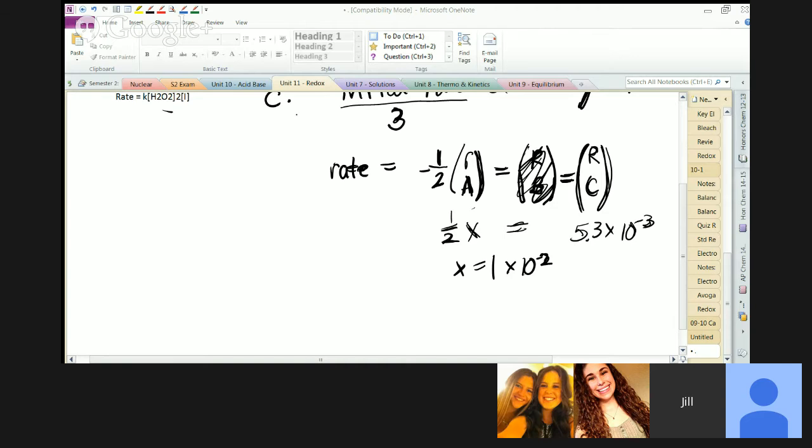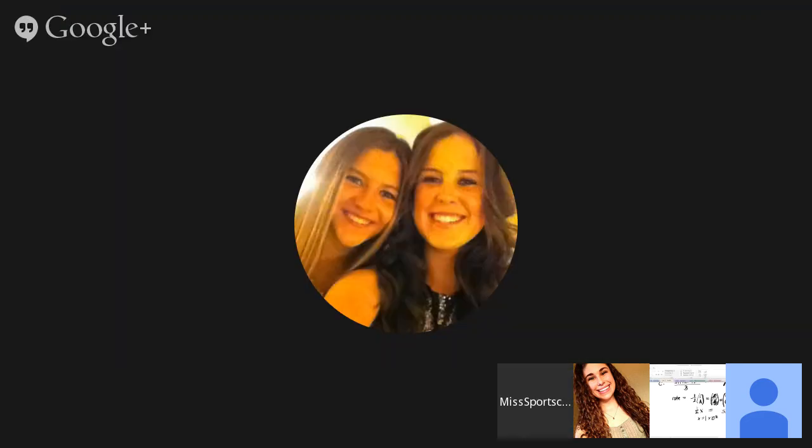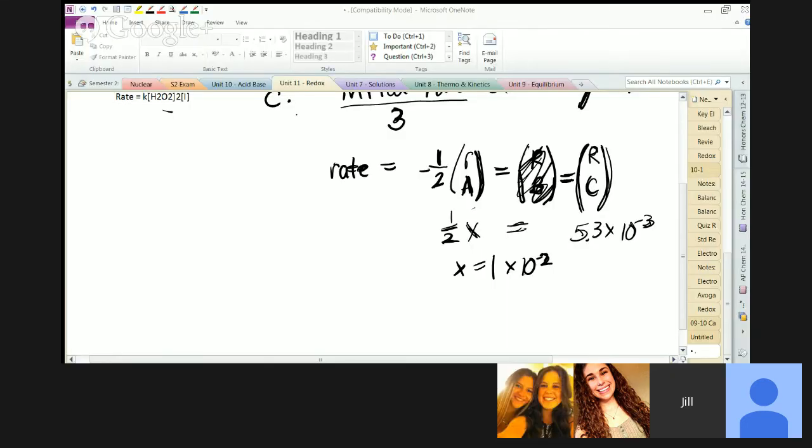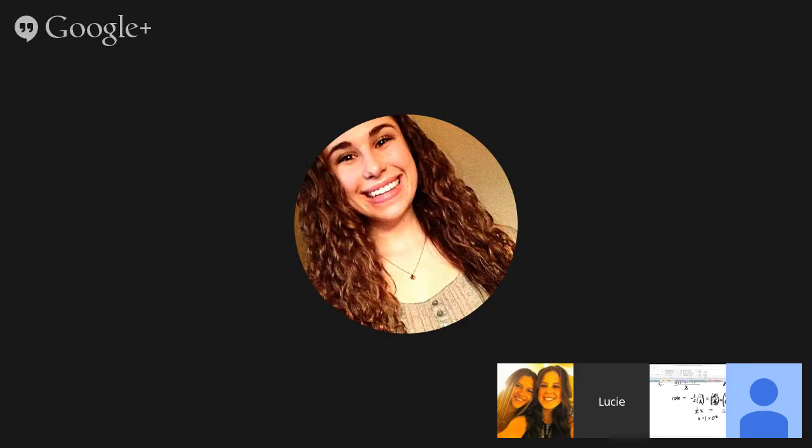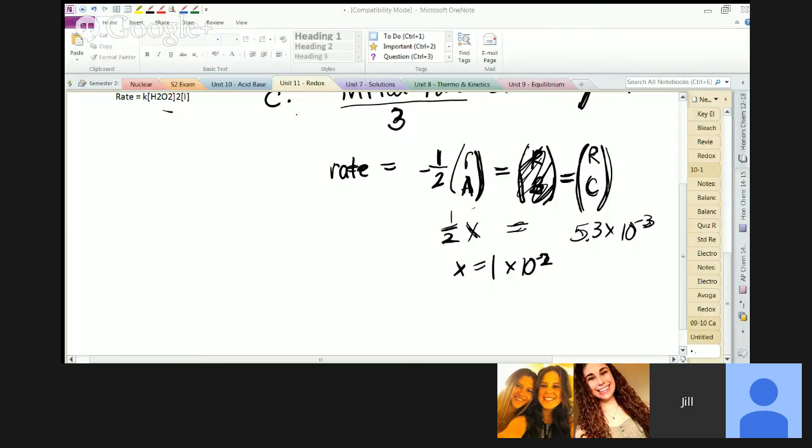If you look on your equation sheets in the bottom left-hand corner, I grabbed an old equation sheet, so not exactly the same one that you have. But you're going to be given that natural log equation and the second order equation with the 1 over A. You just need to know which one is first order and which is second order, and you need to know the zero order one by memory because it's not on the sheet.